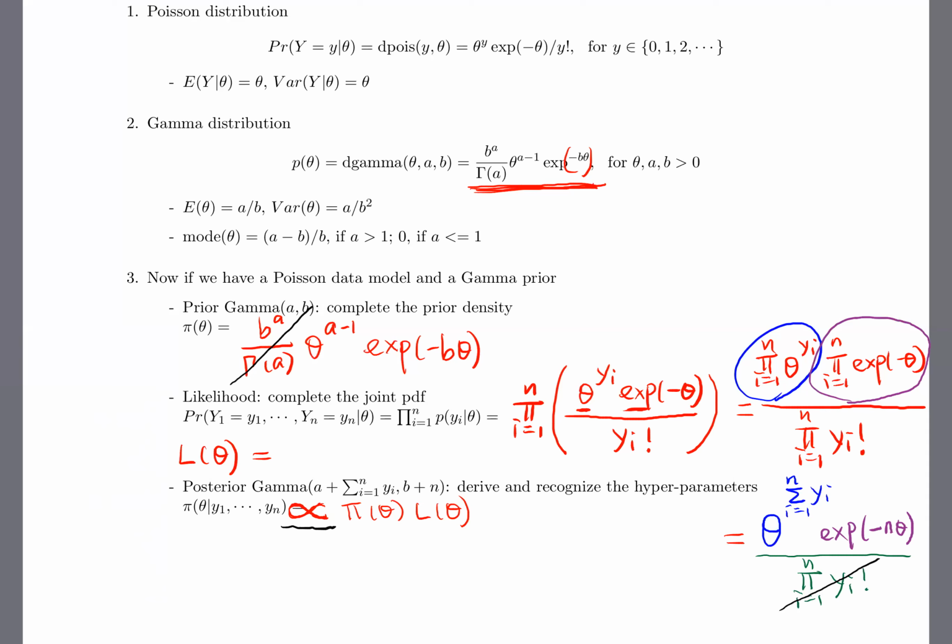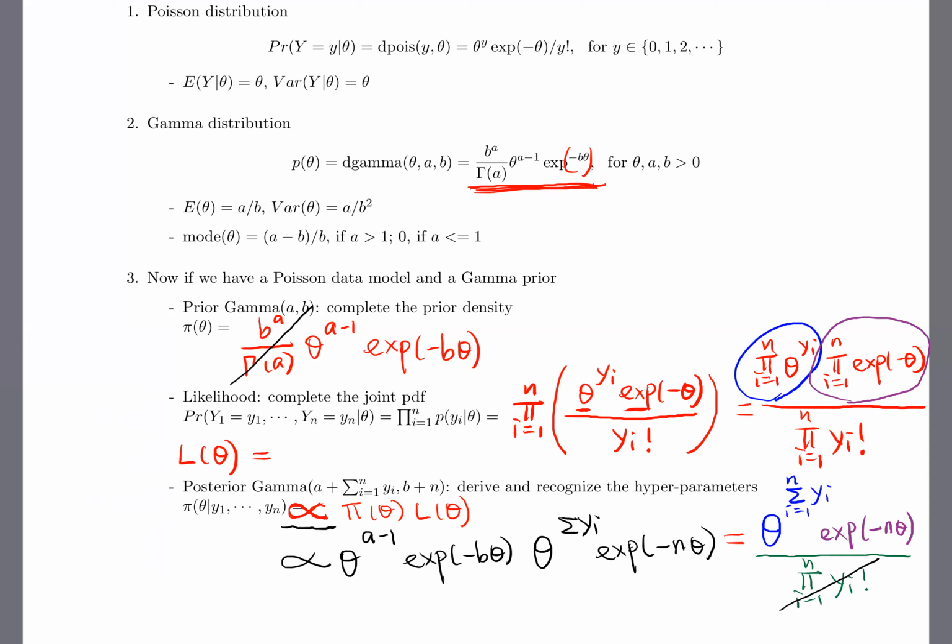So those two we throw away. So what you have is theta raised to the power of a minus 1, and then exp negative b theta. And then from the likelihood, theta raised to the sum of yi, and then in the exponent negative n theta.